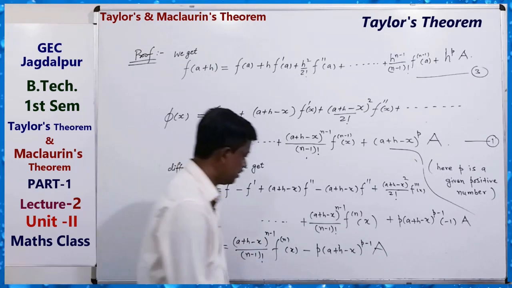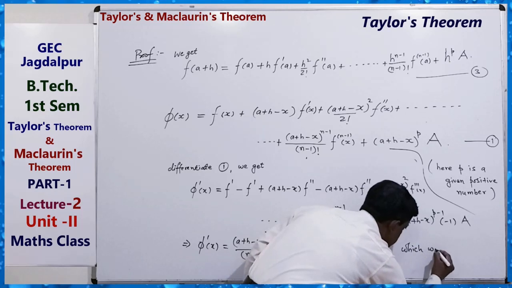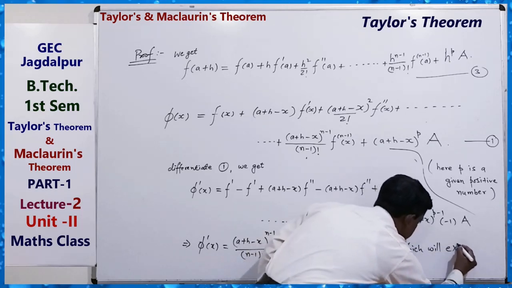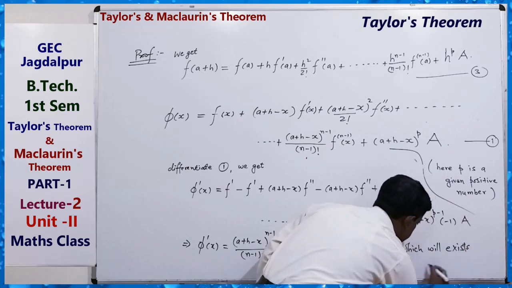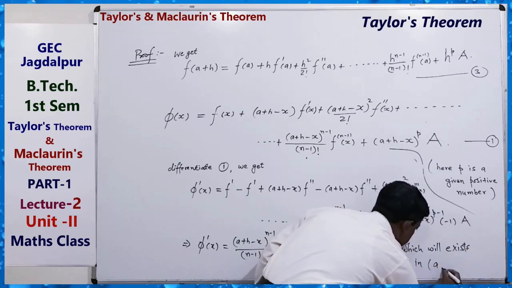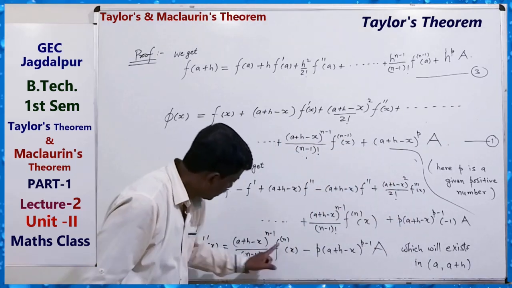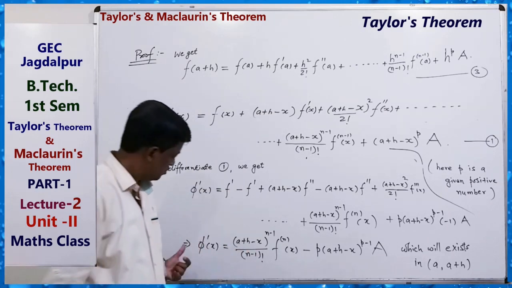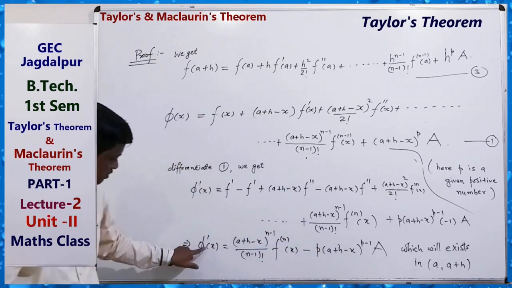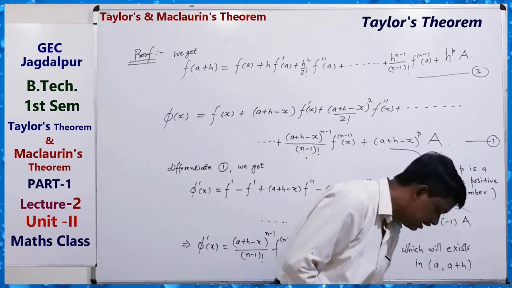That means the derivative will exist in the open interval, because the derivative of f n exists in the given statement. So the derivative exists here.